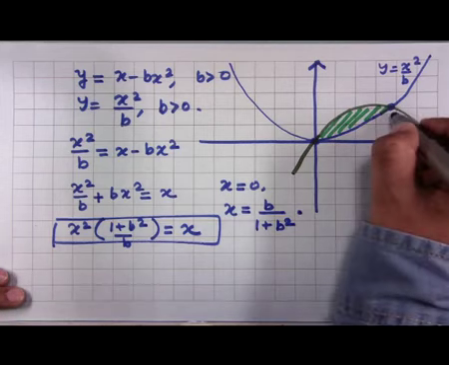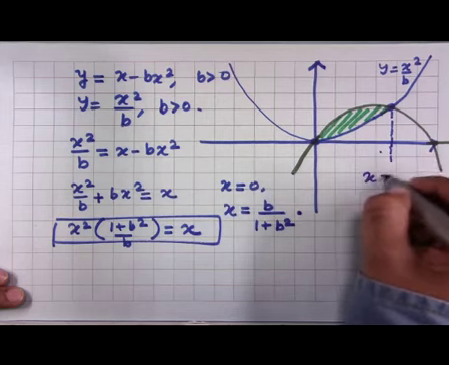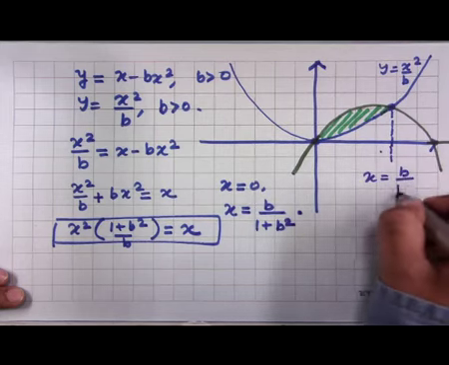So, this is x equals b by 1 plus b square.